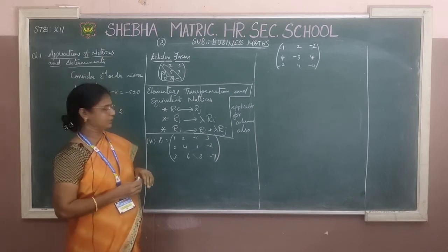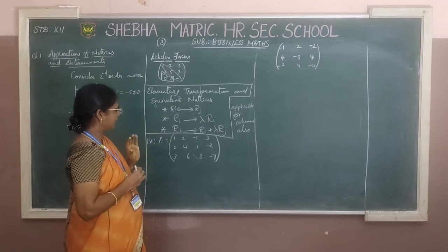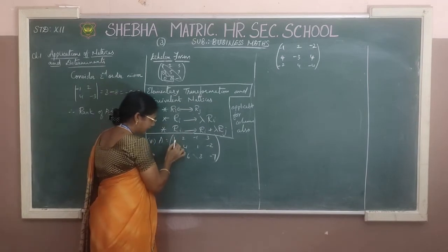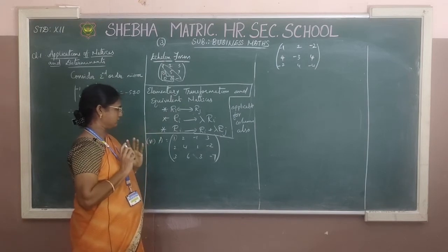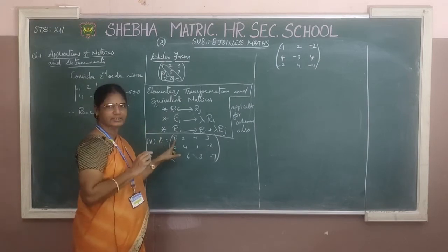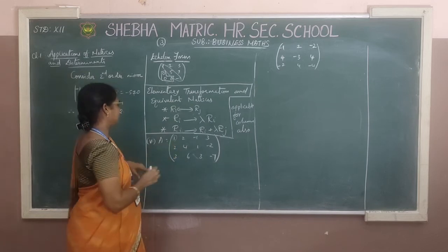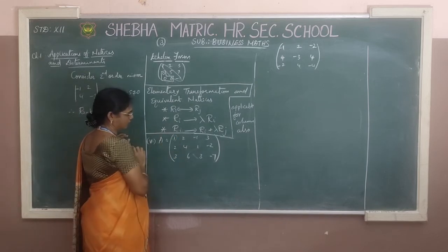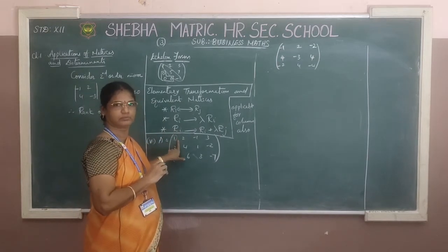This is our 6th sum in 1.1. Listen, this is our sum. Listen carefully. First check our A11 element. The first element is 1 or not. It is 1 means there is no problem. We can continue the sum. If it is not equal to 1 means we make this as 1.